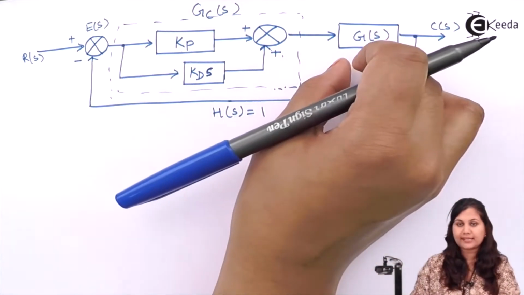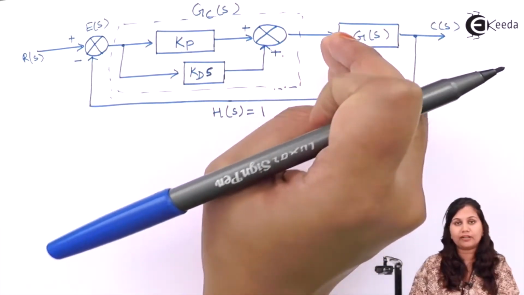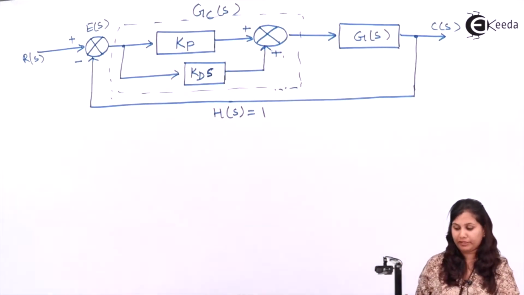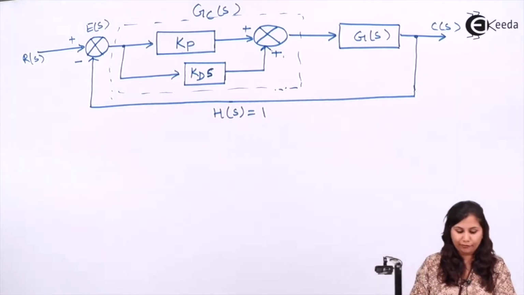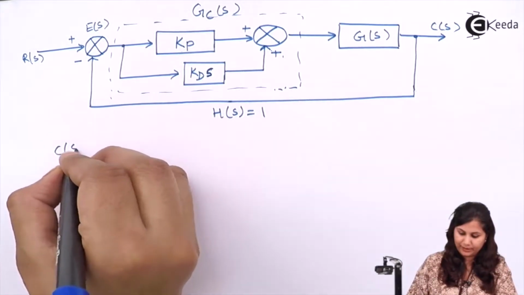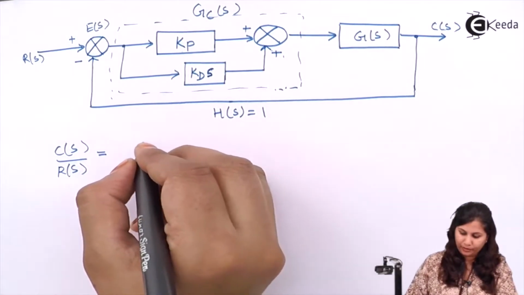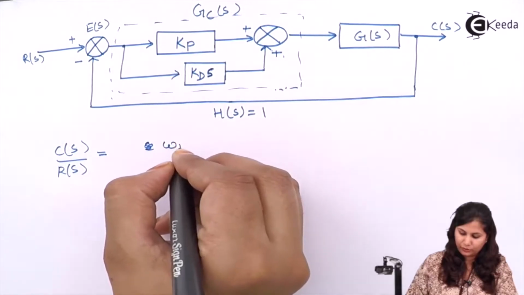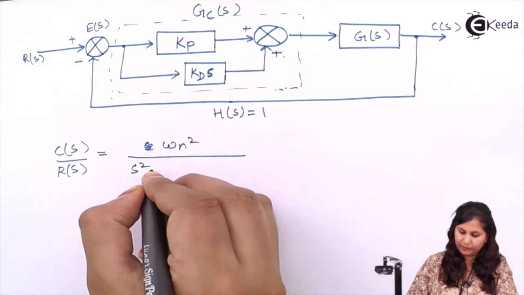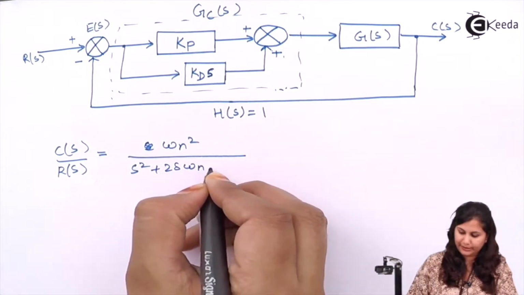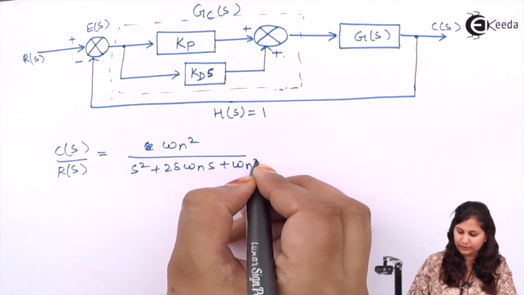Now this G(s) can be the transfer function of the system. If we take a second order control system, then we have the standard form of the transfer function of a second order system as C(s) upon R(s) equals omega n square upon s square plus 2 delta omega n s plus omega n square.